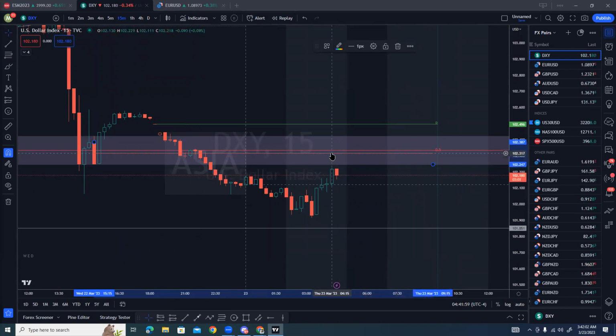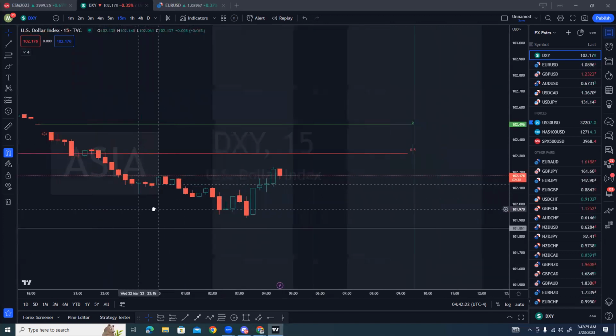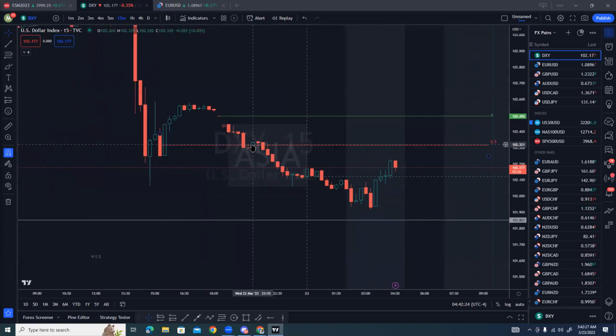And that's where the new breaker is. Probably going to take this off. I know where it's at, so I can find it. But now that has become a breaker, right? So I want to watch price get to it and see how it reacts.